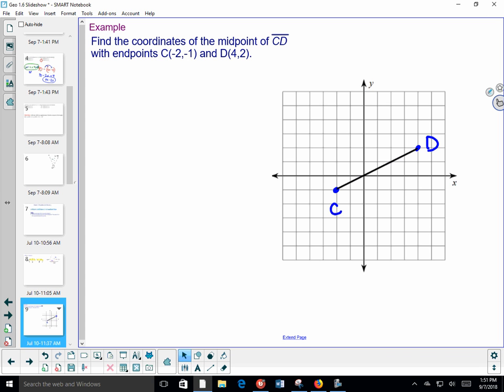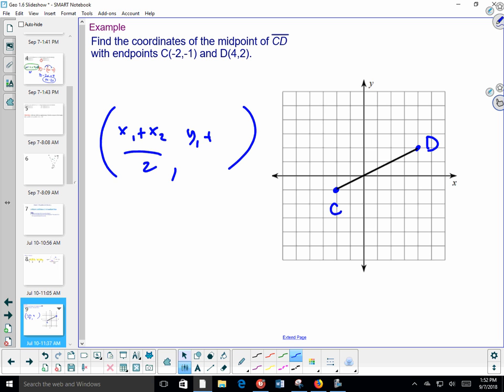All right, so can you help me out with this? So your x1 and your x2 are going to be... All right, so I'm writing down the formula again, and so what am I going to plug in?